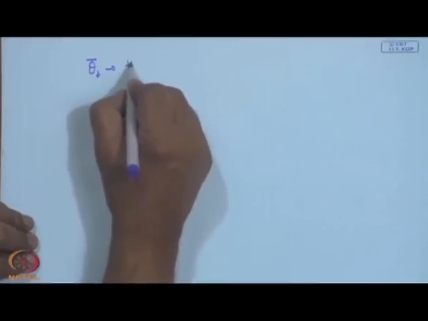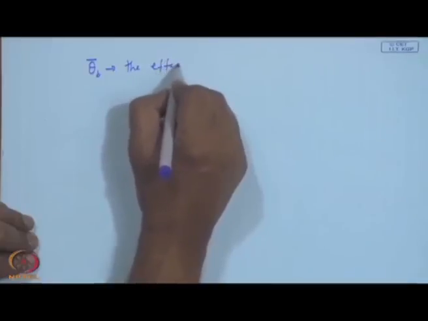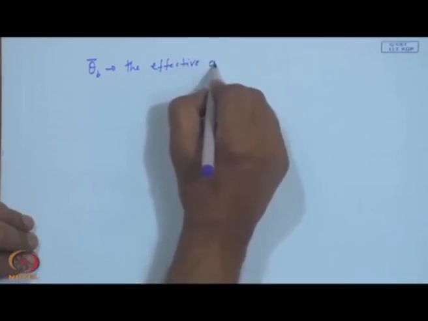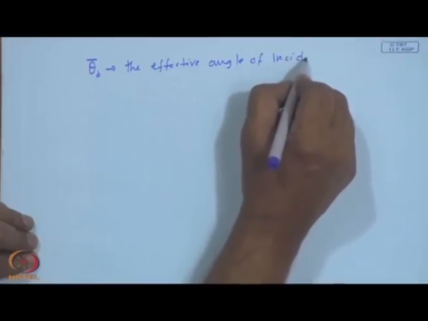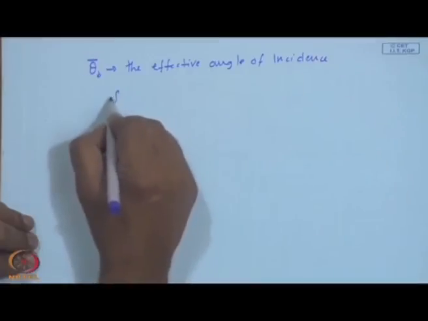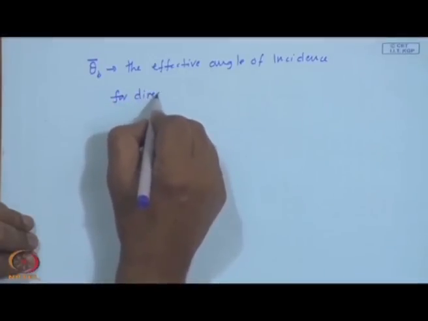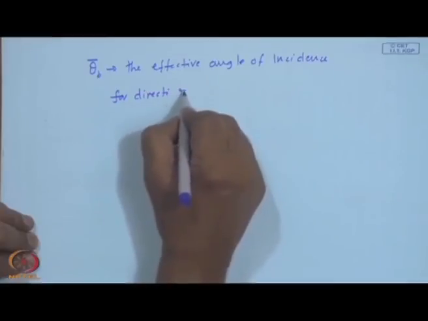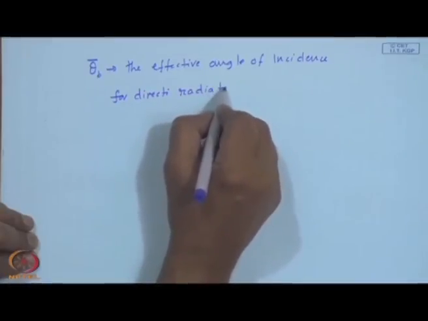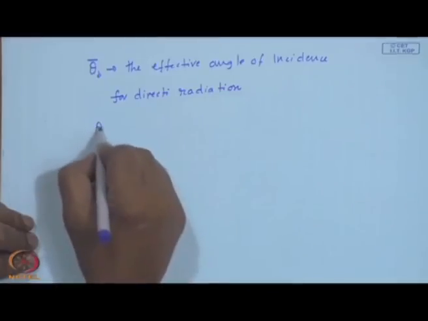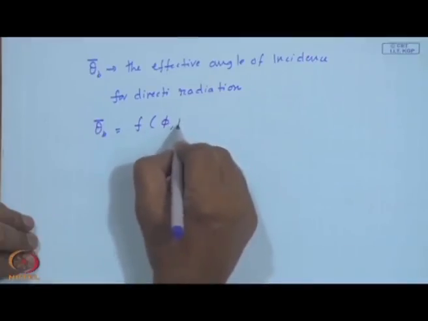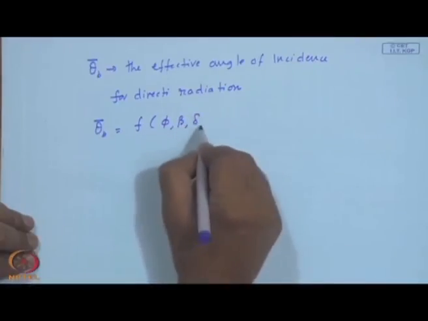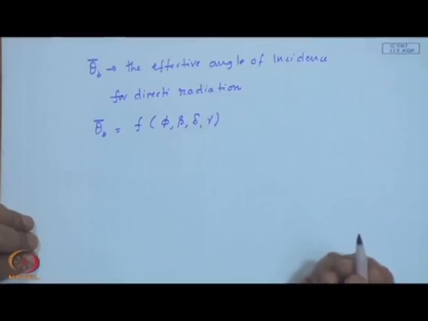theta b bar, the effective angle of incidence for direct radiation, as a function of latitude of the location, slope of the collector, the month and the azimuthal angle.